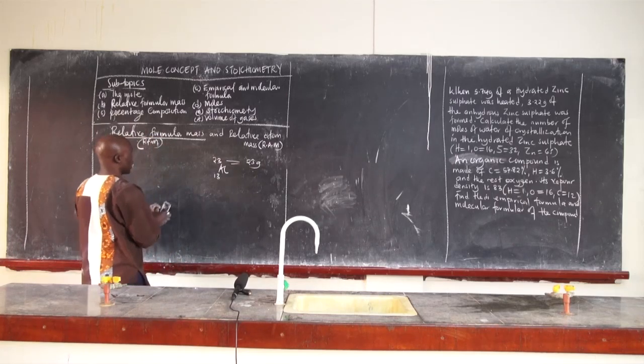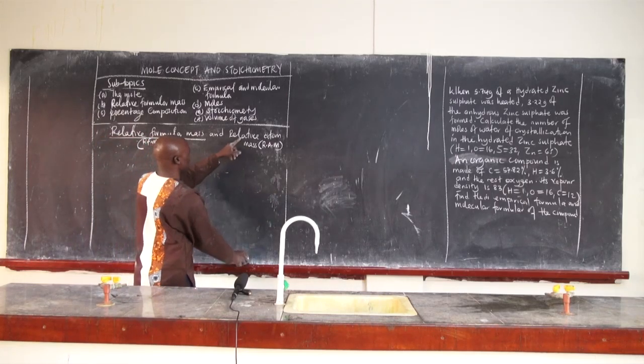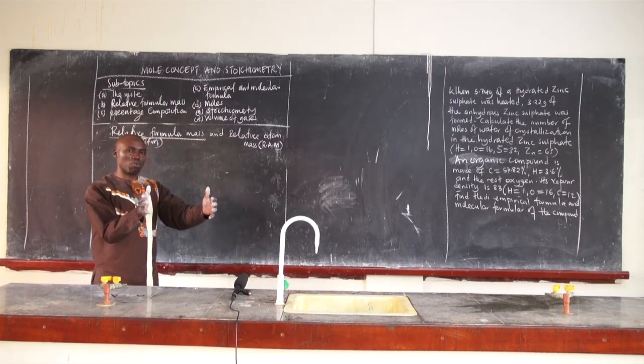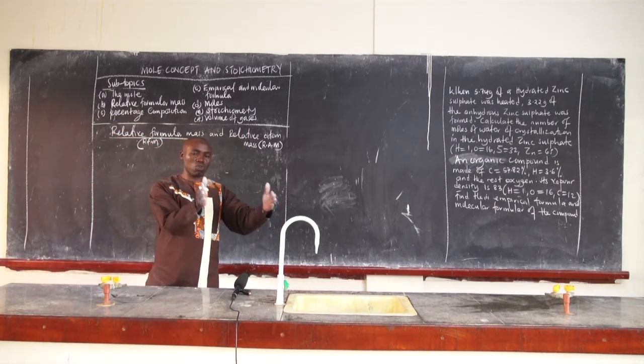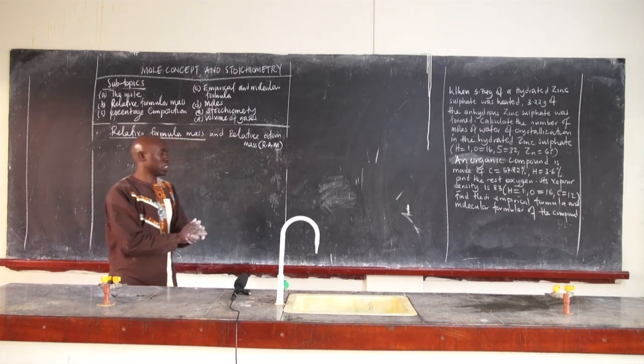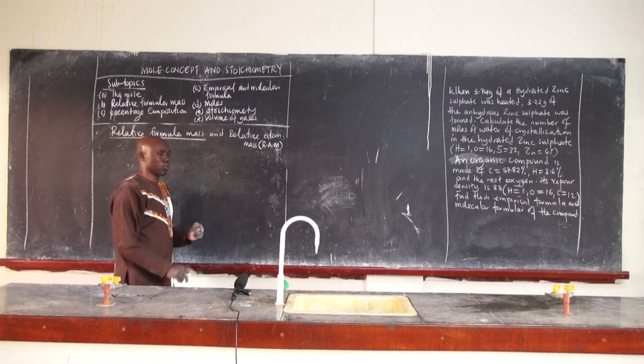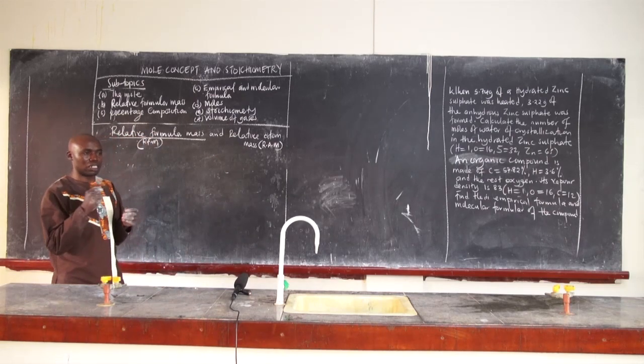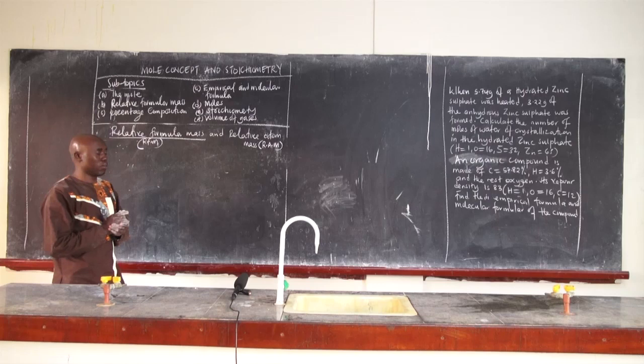So relative atomic mass is actually referring to the mass of 1 mole of aluminium atoms, not 1 aluminium atom. So relative atomic mass is the mass of 1 mole of atoms of an element.